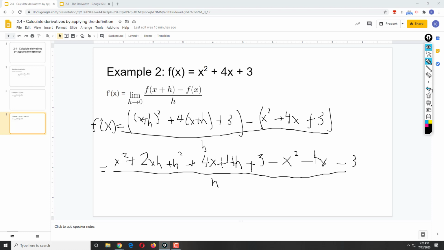I apologize. I am a little bit careless when I write out my definition. We know that f prime of x is not just a statement, it's this expression as h goes to 0. So let's be rigorous and write this out.